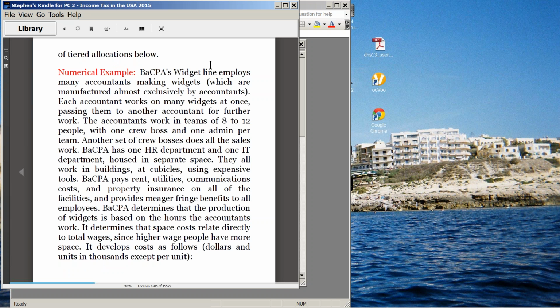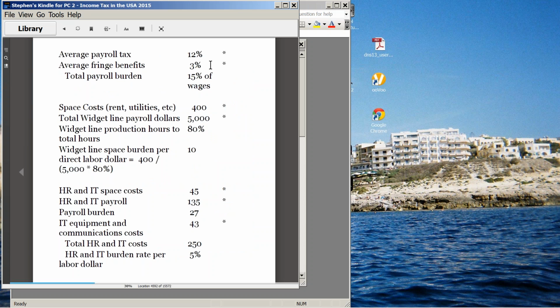So the space costs probably relate more to compensation than they do to headcount or some other factor that we've got. Certainly, they don't necessarily relate to revenues or gross income.